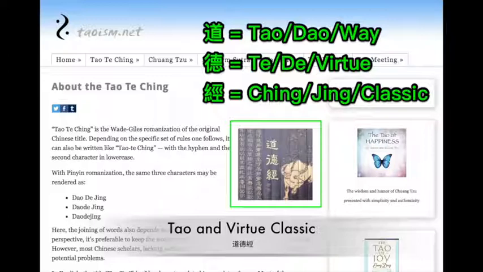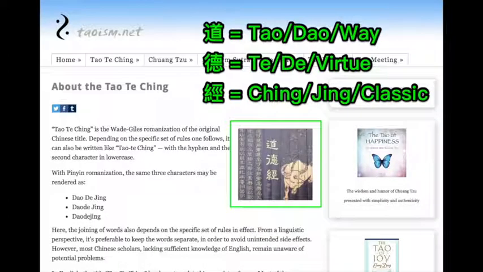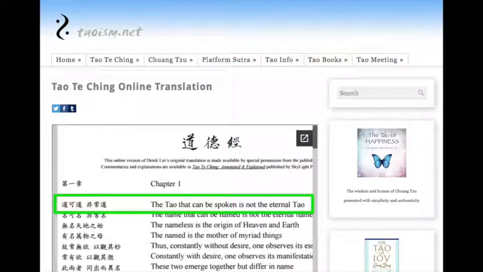So now, one level deeper, and then we'll move on. Why is the first part called the Tao Classic? Why is the second part called De Jing, the Virtue Classic? So the reason for the first part being the Tao Classic is because it starts out talking about the Tao, and the Tao remains the focus of chapters 1 to 37.